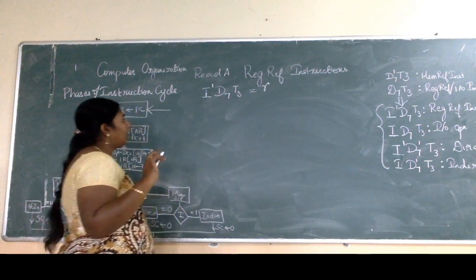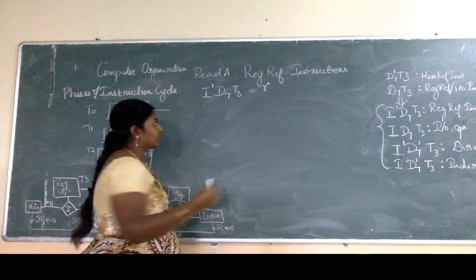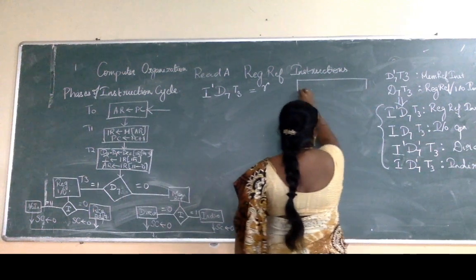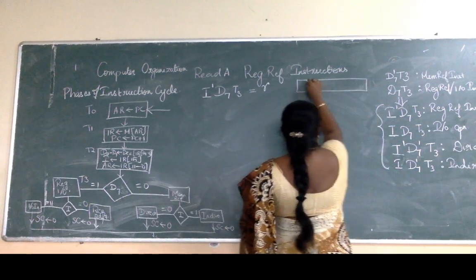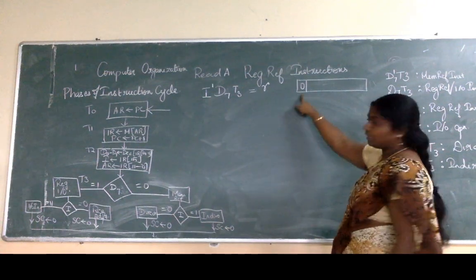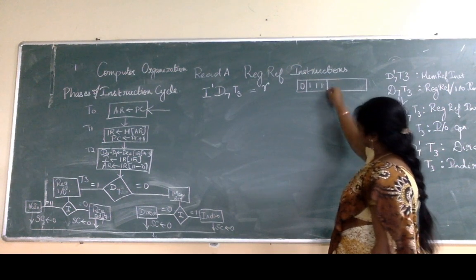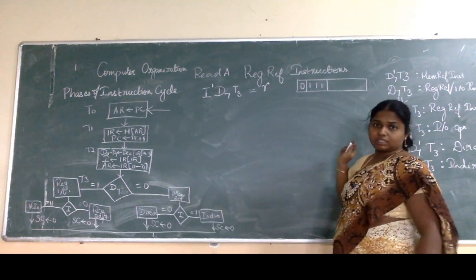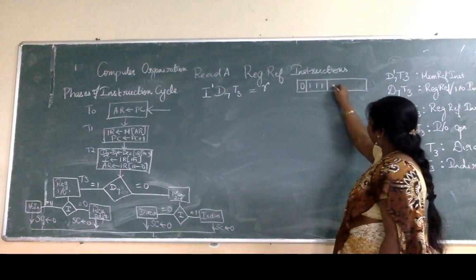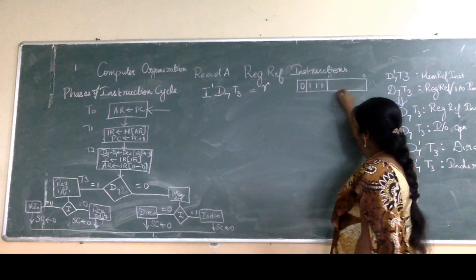Now, in a register reference instruction, the format of the instruction is going to be like this. My first bit is 0; I dash indicates the first bit, it's 0. D7 is indicated by 3 bits, bits 14 to 12, which are set to 1, followed by 11 bits, bits 0 to 11.